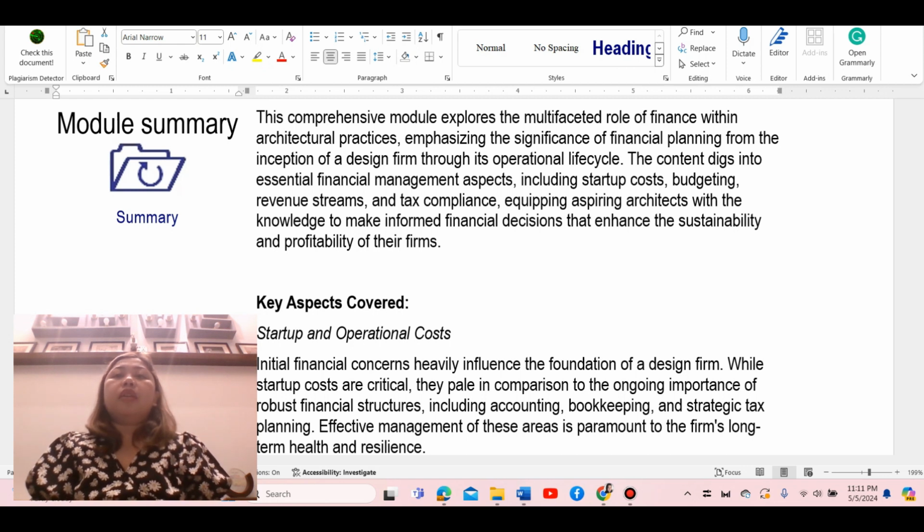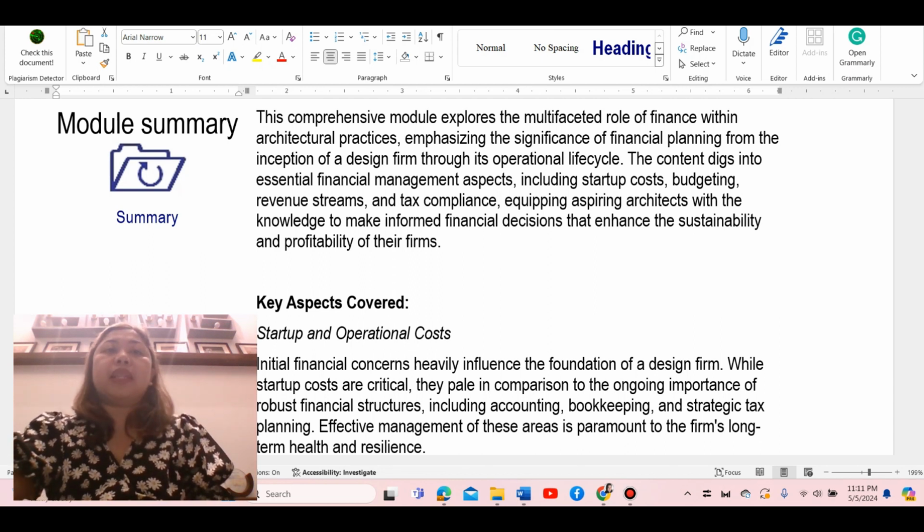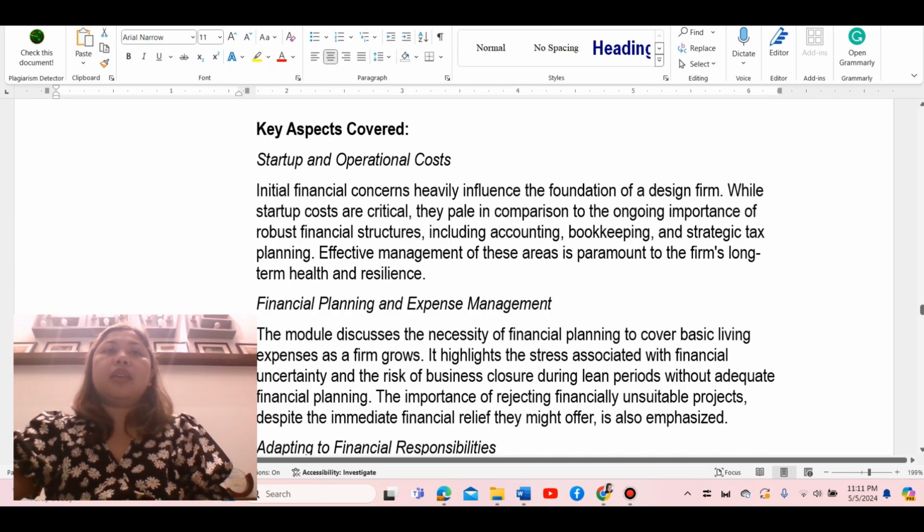The content digs into essential financial management aspects, including startup costs, budgeting, revenue streams, and tax compliance, equipping aspiring architects with the knowledge to make informed financial decisions that enhance the sustainability and profitability of their firms.